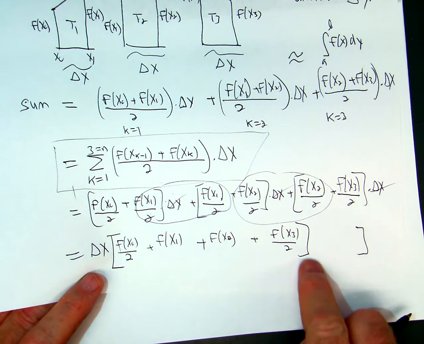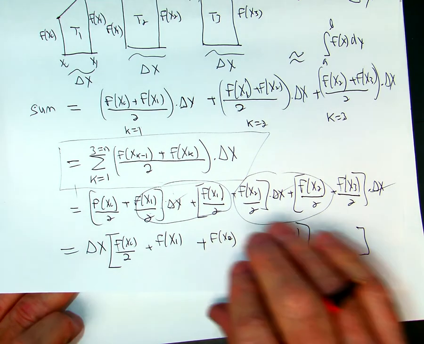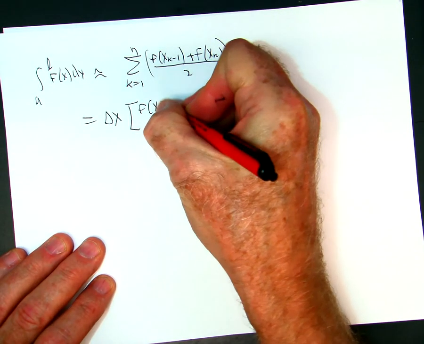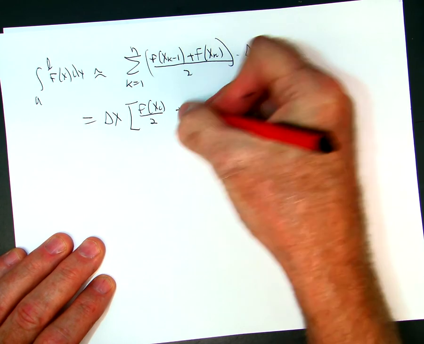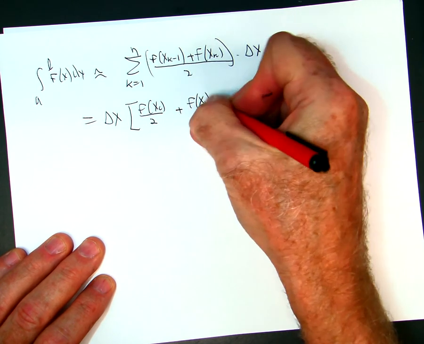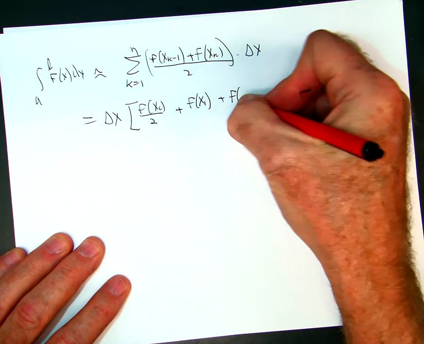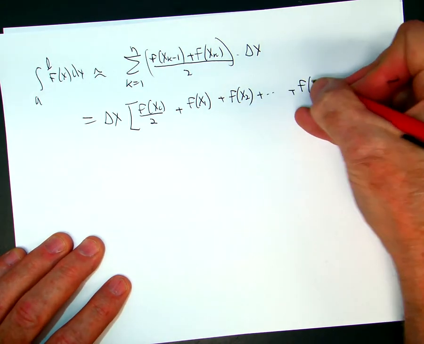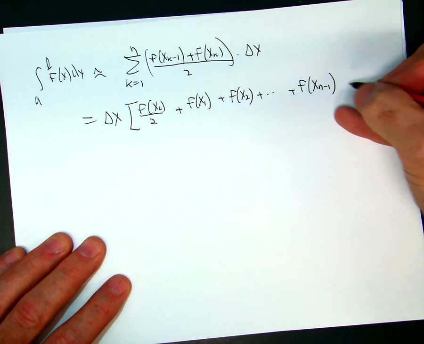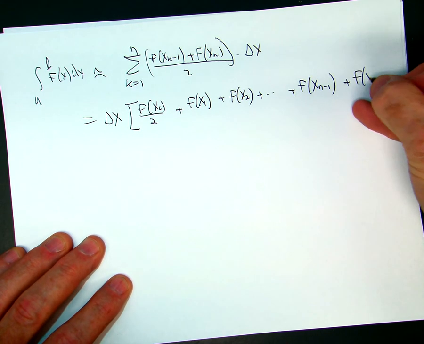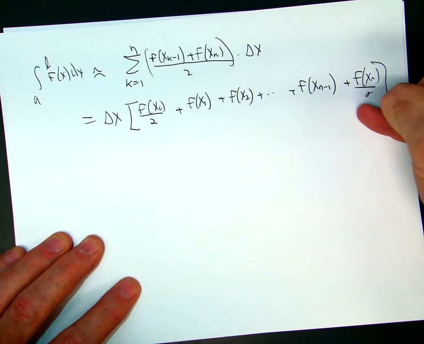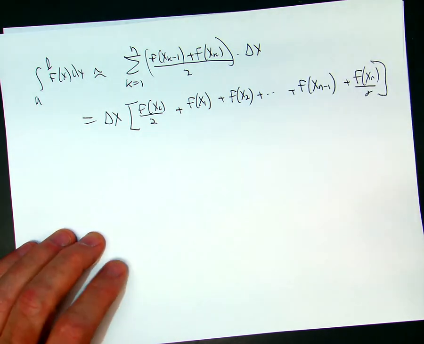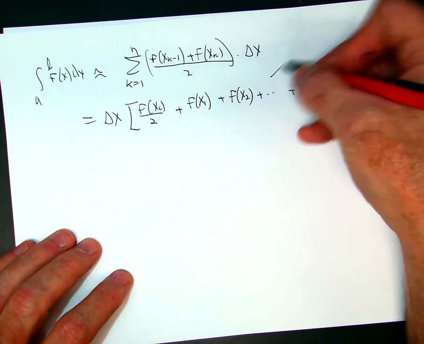First one divided by 2, last one divided by 2, everything else is single. So you can go through and do this, which I encourage you to do. f of x0, the first one, over 2. Second one, I keep doing that until I get to the penultimate one. And then I get to the ultimate one. And I get that. Okay, so this is my trapezoid rule. And either one is fine. I kind of like this one.